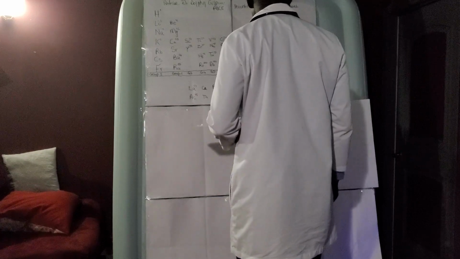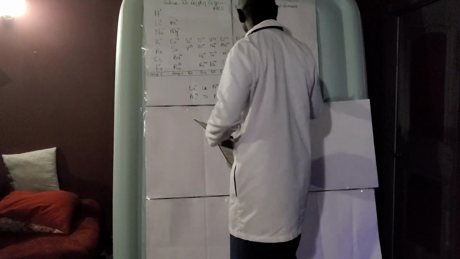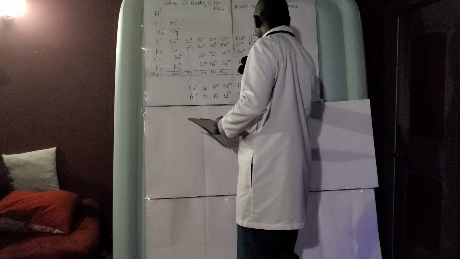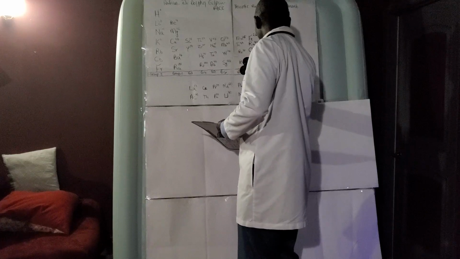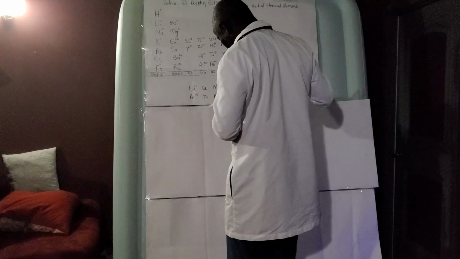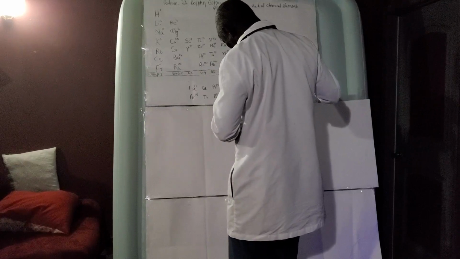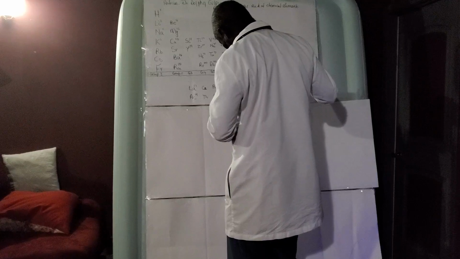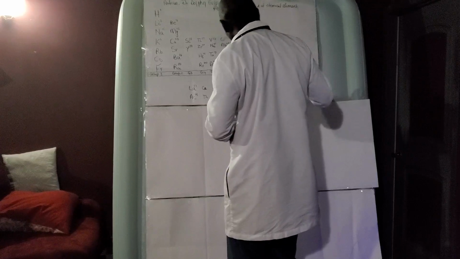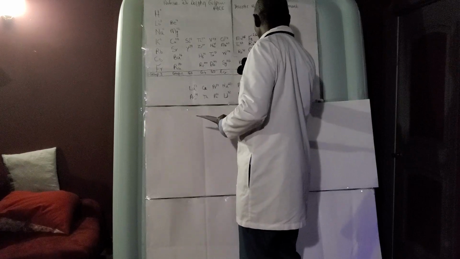Okay, let's see. Then we go into the lanthanide series now, and we have SM for samarium. SM, samarium, and if we are following this rule, this would be 62.